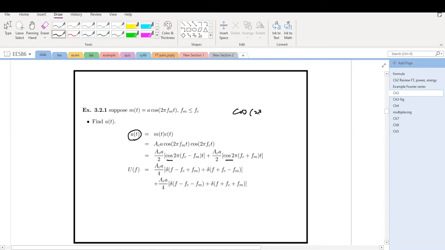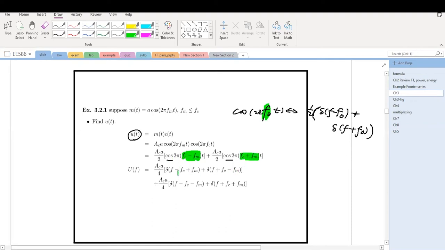Cosine 2 pi f naught t: what do we have? The Fourier transform is half, with two delta functions in brackets. So your f naught is this portion or this portion, right?